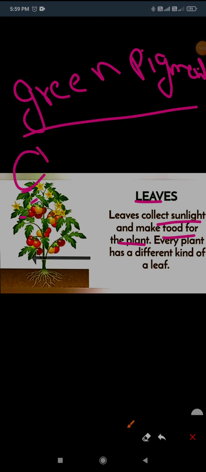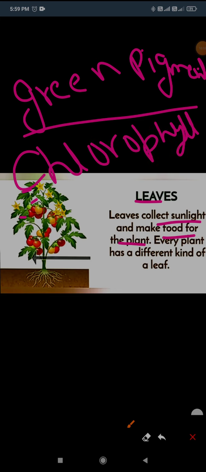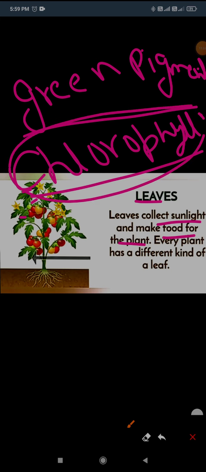The green pigment name is chlorophyll, and due to the presence of chlorophyll, the leaf looks green. And due to this chlorophyll, the leaves trap the sun rays, the sunlight, and it helps to make food in the plant.